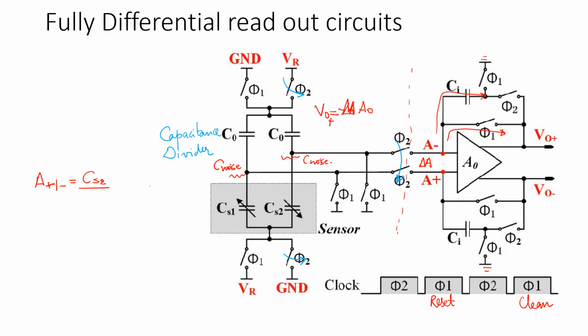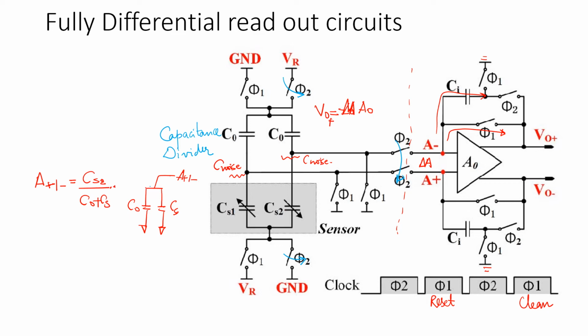So when you are looking at this aspect where the readout circuit is present here, when the capacitors are both in parallel, it is a combination. So you are only looking at one portion of it. Even if it is C naught plus CS2, we will look at CS divided by C naught plus CS times the output voltage. So this is your A plus comma minus. So whatever is your input voltage, that value will come.